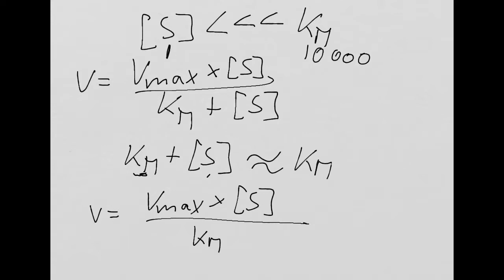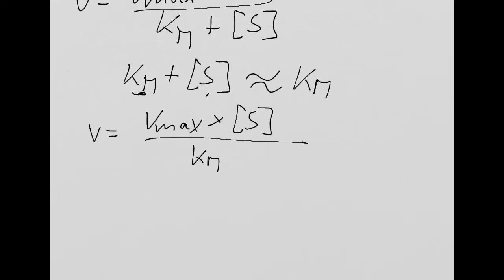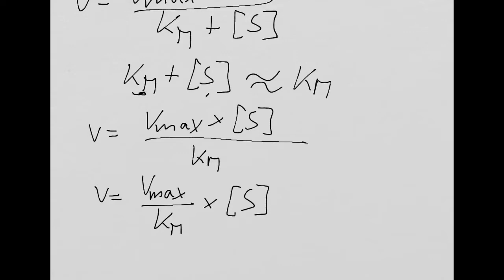I can write this in a slightly nicer format: V equals Vmax over Km times S, and I can treat Vmax as a constant and Km as a constant. And I'll come back to what Km represents in a minute.